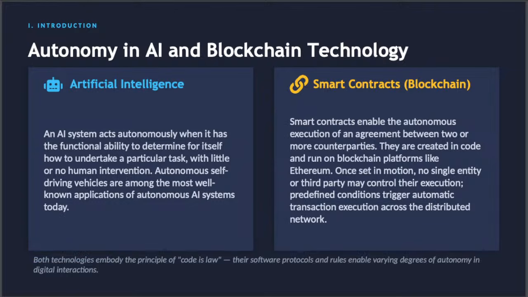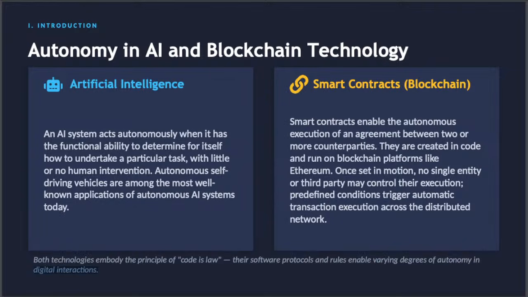Both technologies, both artificial intelligence and smart contracts, embody the principle of code is law. Their software protocols and rules enable varying degrees of autonomy in digital interactions. So when we think of self-driving cars, they have a varying degree of autonomy.